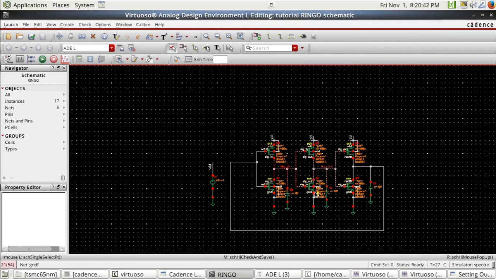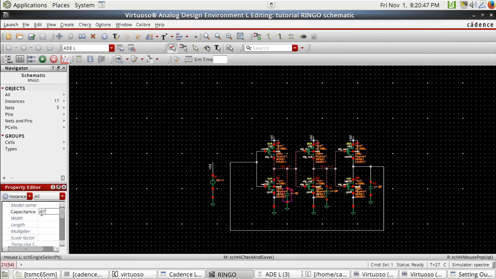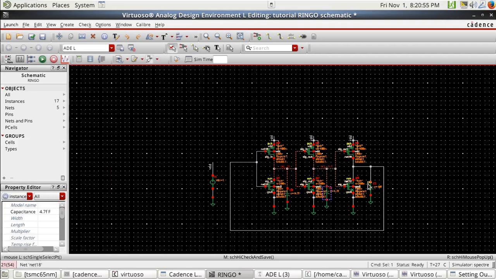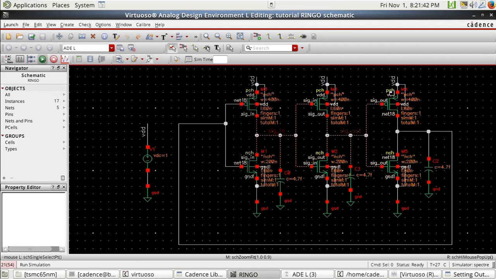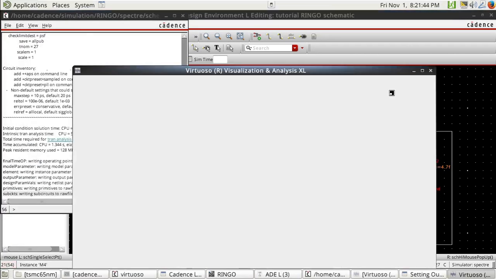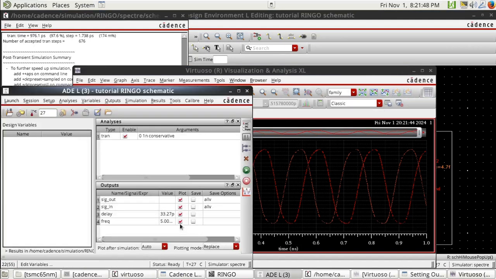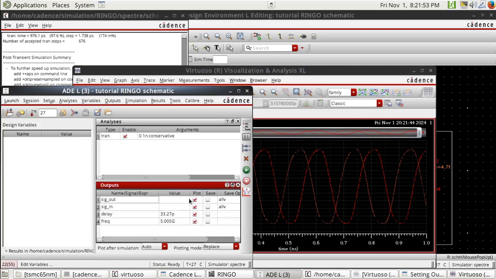So let's reduce this cap to 4.7 and repeat our simulations. Okay, and here is 5 gigahertz, so the calculations are correct.